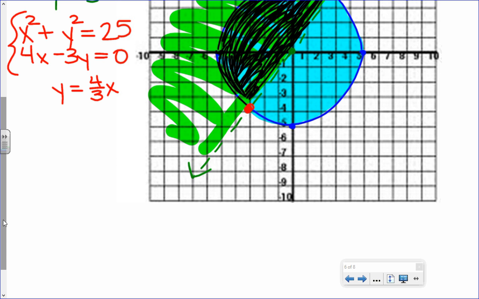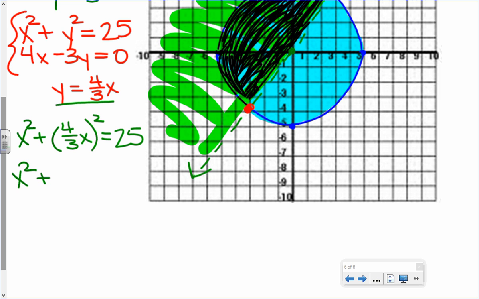So we can take this and substitute it into the circle equation. So we get x squared plus 16/9 x squared equals 25.